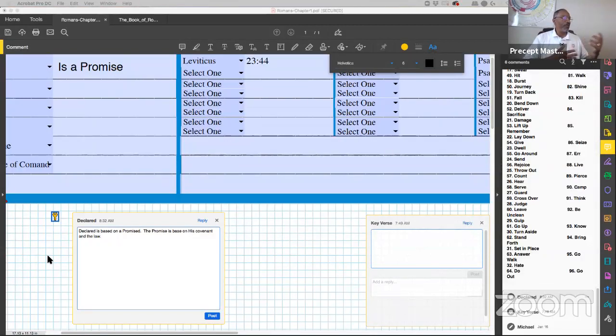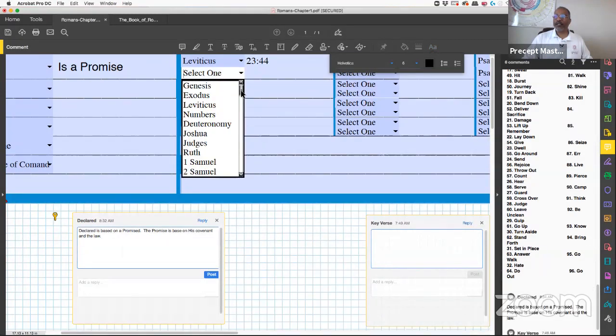So we know Paul was an apostle of Christ. And now when you're getting down to it, we know that it's verse 4. So we want this here. This promise was based on, we'll do this here to where it won't mix up.